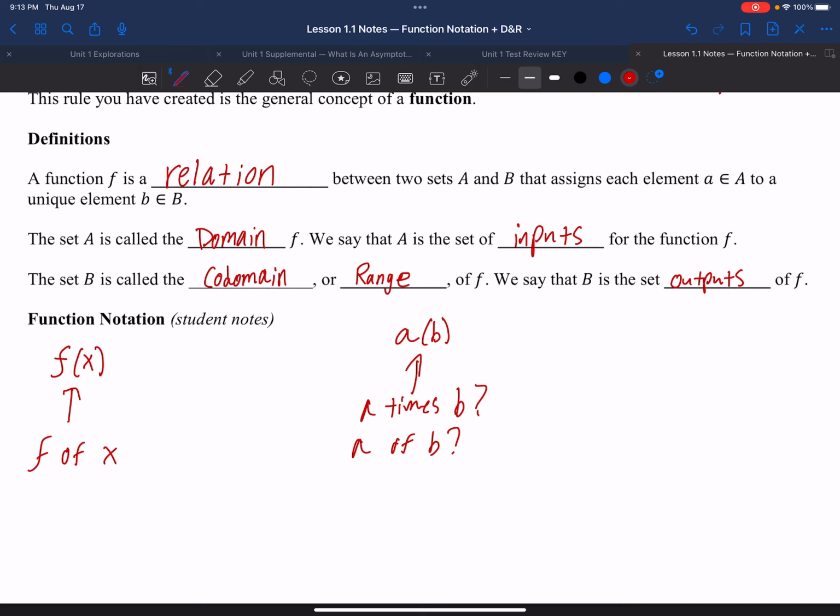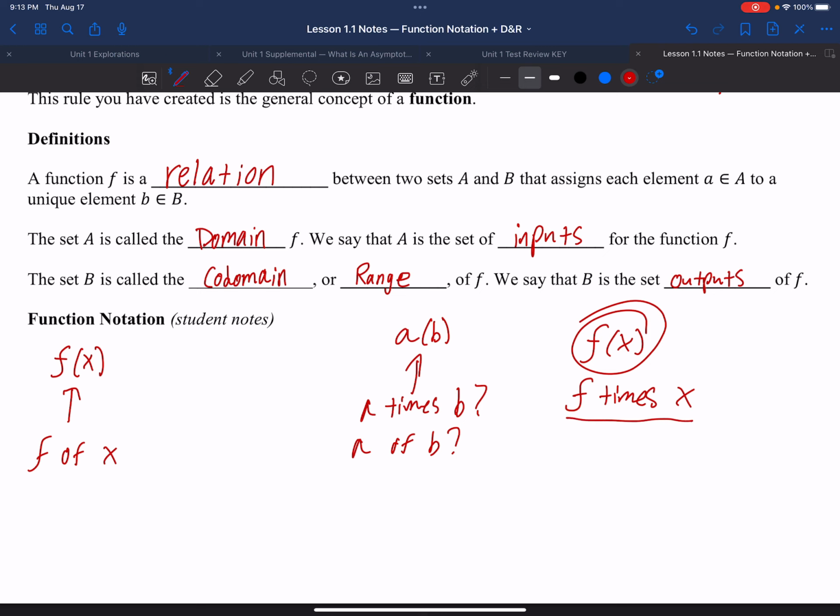One of the biggest mistakes first-time Algebra 1 students make, when they're first introduced to this notation, is they call it f times x. And who knows, maybe you're still doing this. If so, it's okay, but time to change that, practice, and adopt this f of x vernacular.